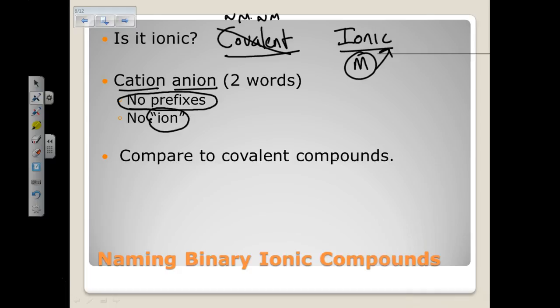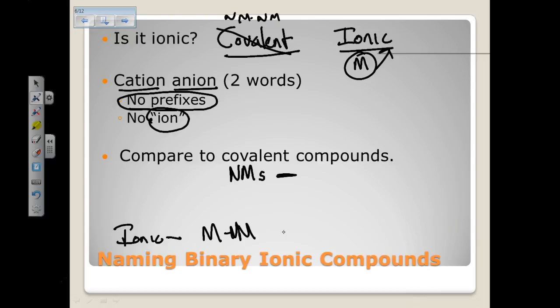So when we compare these to covalent compounds, like I said above, covalent compounds are nonmetals exclusively. Ionic compounds involve metals. So when we compare and contrast, this is metal, non-metal. That's one difference. Another difference is that covalent compounds are actual linkages, actual bonds, whereas ionic compounds are just an attraction.